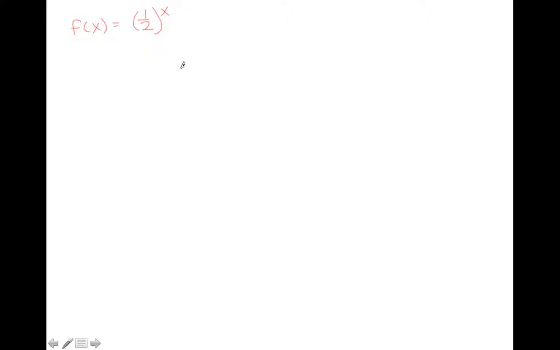That would be right here. This one is still going to have that same y-intercept of 0, 1, but it will be always decreasing. So same sort of shape, but decreasing from left to right. So when your a is between 0 and 1, so here my a is 1/2, you'll have the same sort of shape, but it's always decreasing.